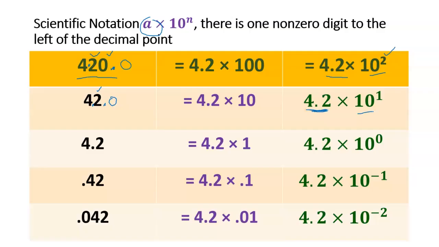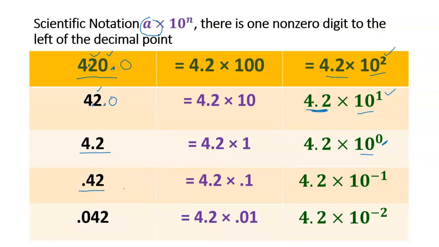And therefore, I have 10 to the power positive 1. The next example, 4.2, is already in the form I want my a to be. I am not going to move my decimal anywhere, and therefore you see the 10 to the power 0. So when you don't move the decimal anywhere, your exponent will be 0.